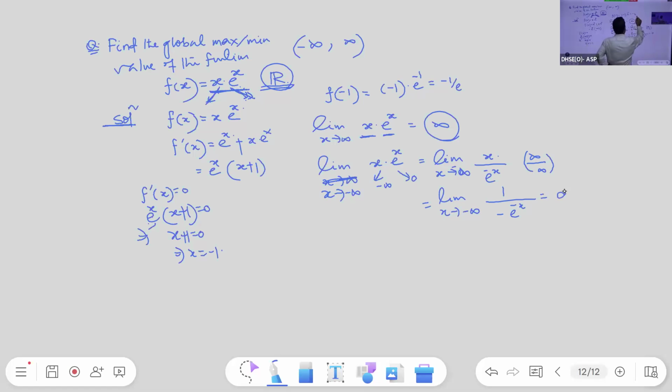So minimum value is -1 upon e, maximum value doesn't exist. So global minimum -1 upon e. Okay. Global max doesn't exist.